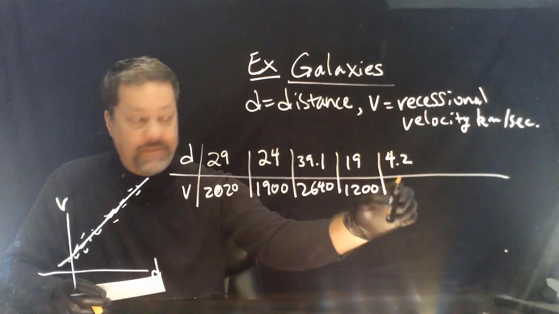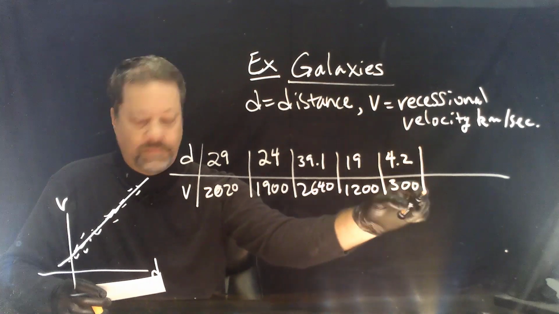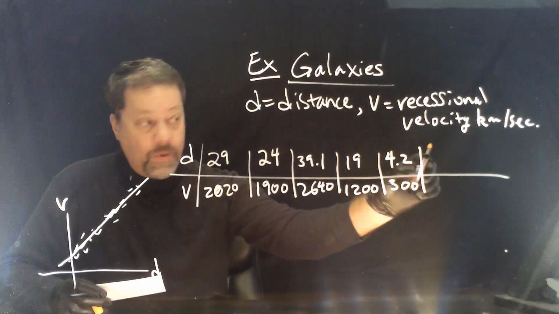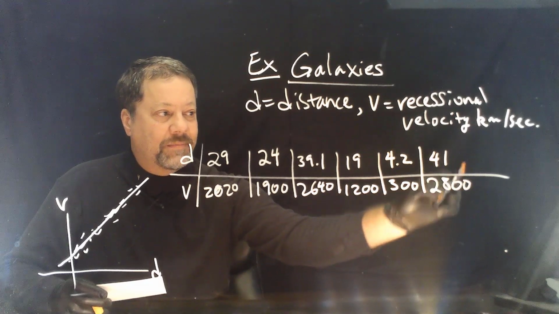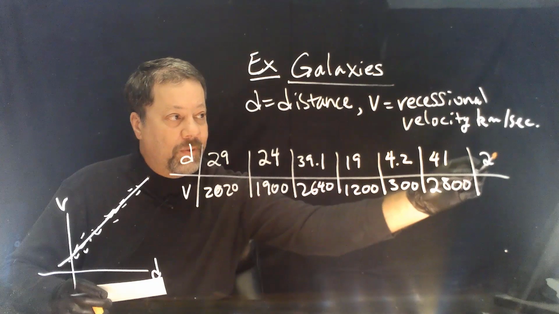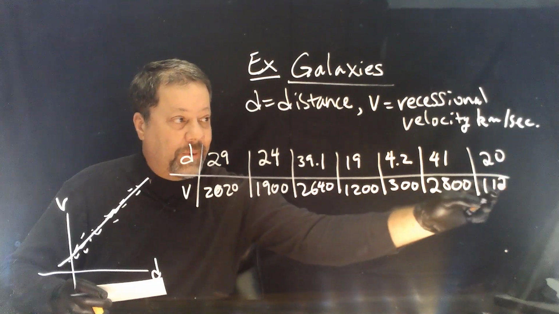4.2, we have 300, 41, and that's 2800, 20, and 1120.